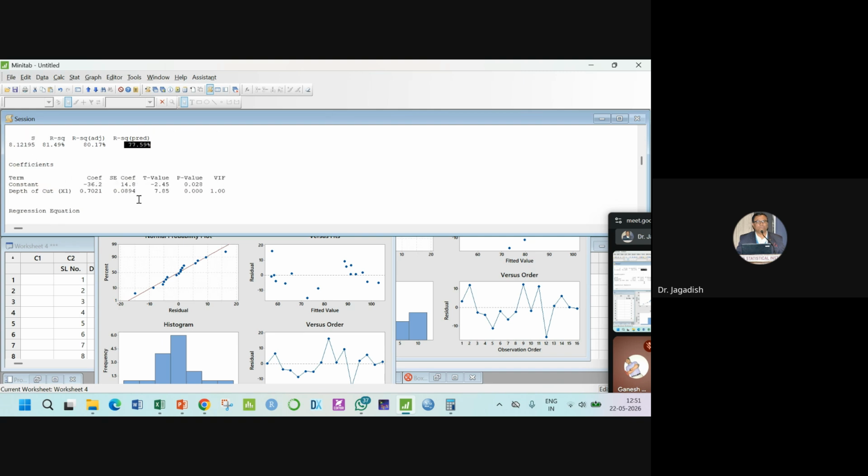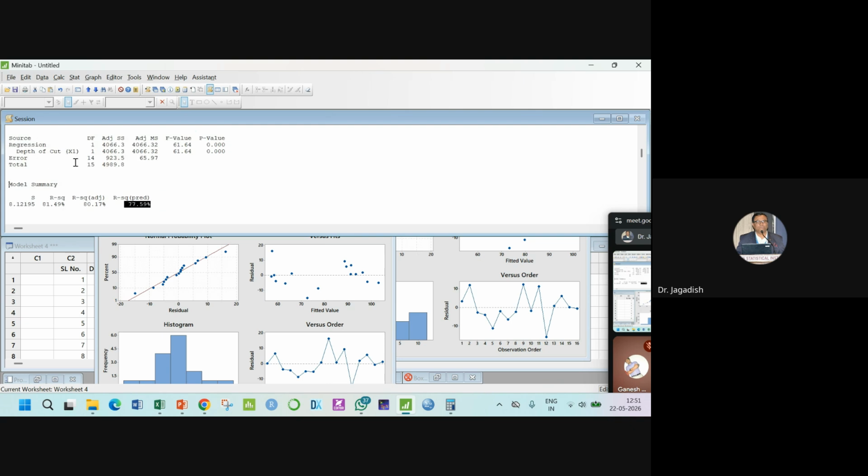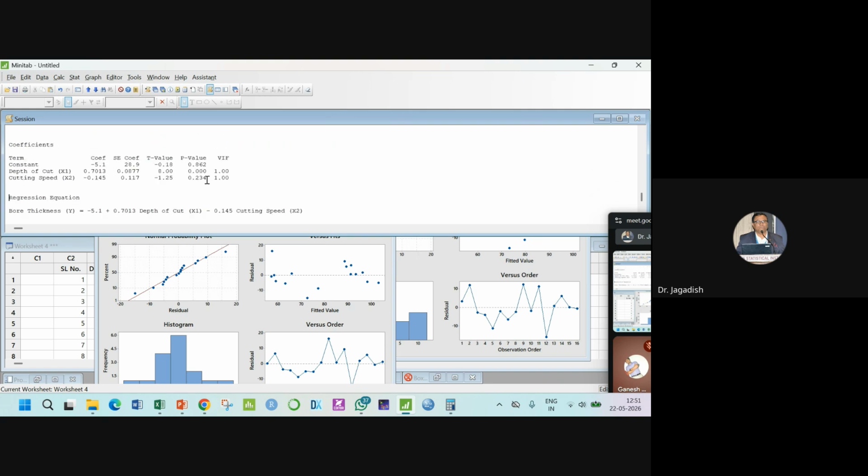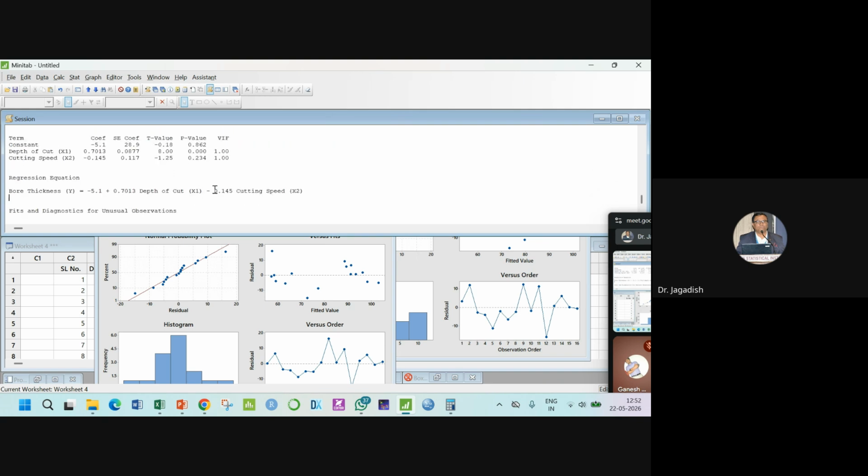And the coefficient is given here only because one variable is removed from the model, so there is only one variable in the equation. This is the correct equation. Suppose you ask me why the equation considering x2 also is not correct, it is wrong because this factor is a negative factor, a negative differential on the y.